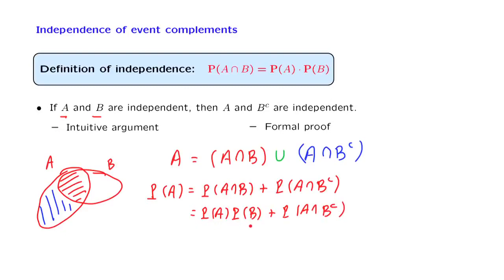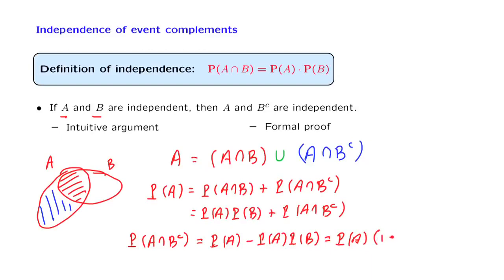Now let us move this term to the other side, and we obtain that the probability of A intersection with B complement is the probability of A minus the probability of A times the probability of B. We factor out the term probability of A, and we are left with 1 minus probability of B. And then we recognize that 1 minus the probability of B is the same as the probability of B complement.